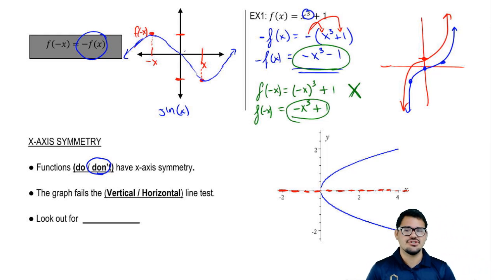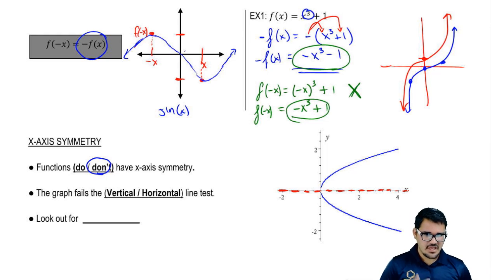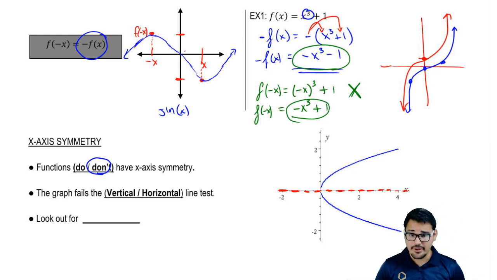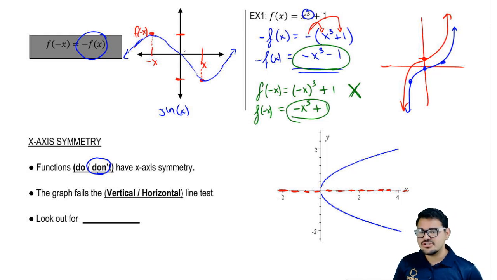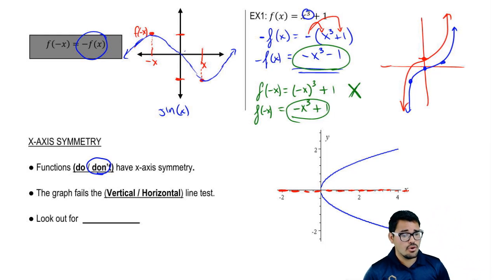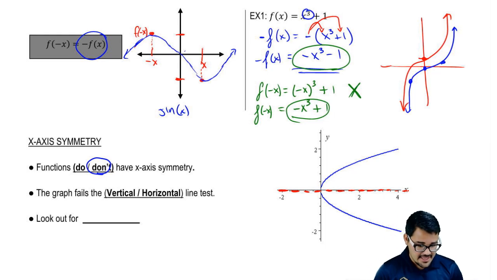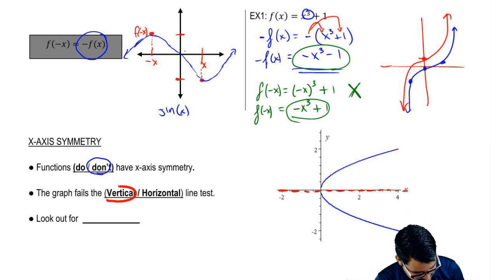However, why do functions not have x-axis symmetry? So let's look at our second bullet point, and here we have that the graph fails the blank test. So if you guys remember, functions need to pass a certain test. Is it the vertical line test or the horizontal line test? Yeah, it is the vertical line test.